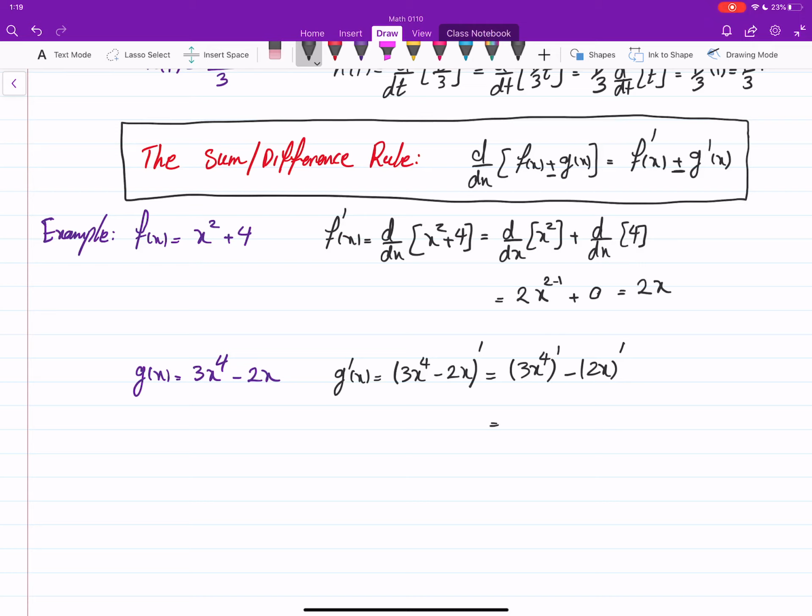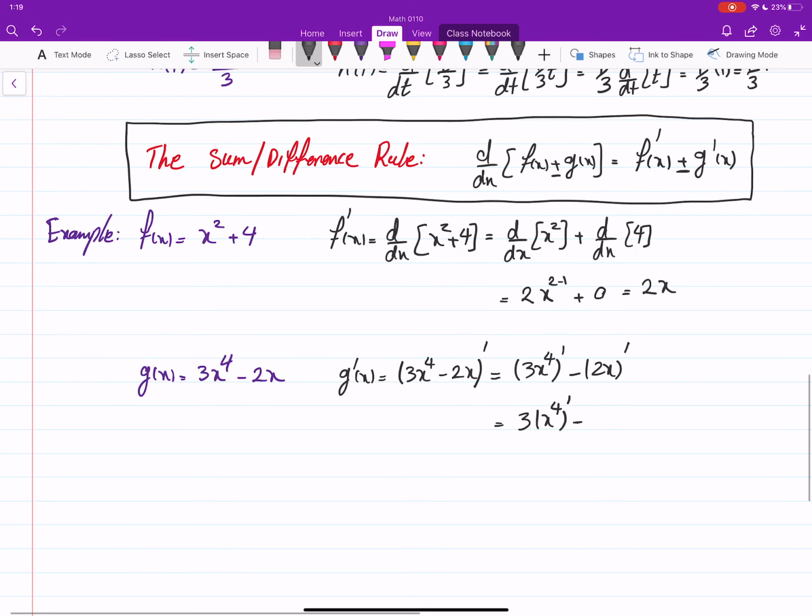Here, this is a constant multiplied to x to the power 4, so it will come out and then we multiply to x to the power 4. The other one is the constant multiple again, so this can also come out as the multiple. Now we have the power rule, yes?